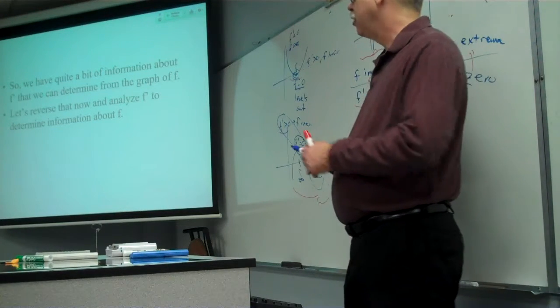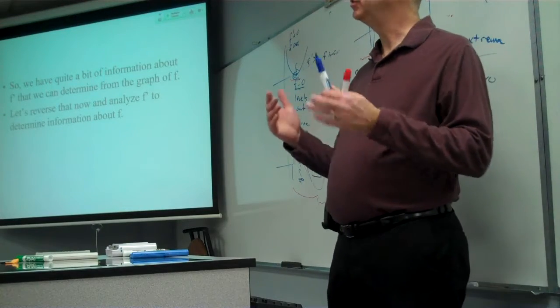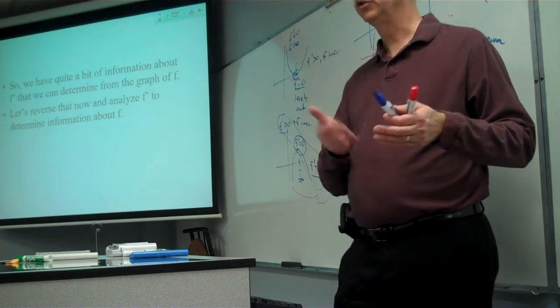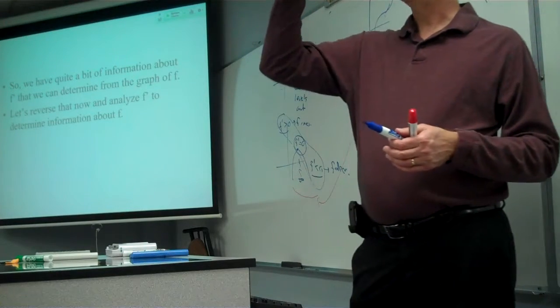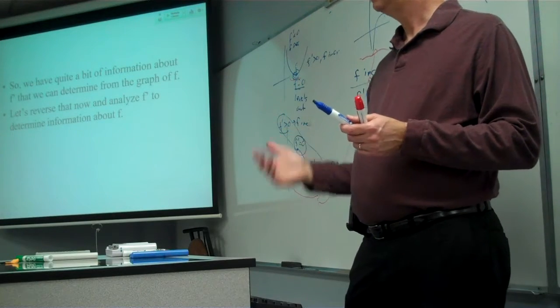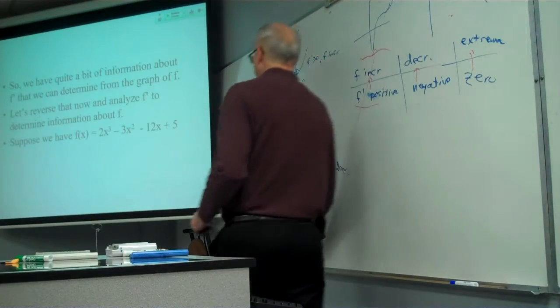So we're going to analyze our derivative, try to determine where it's 0, where it's positive, where it's negative. That will tell us some things about the function. Where is the function headed up? Where does it level off? Where is it headed down? And we can use that information to help us graph it. So let's do this with this particular function.